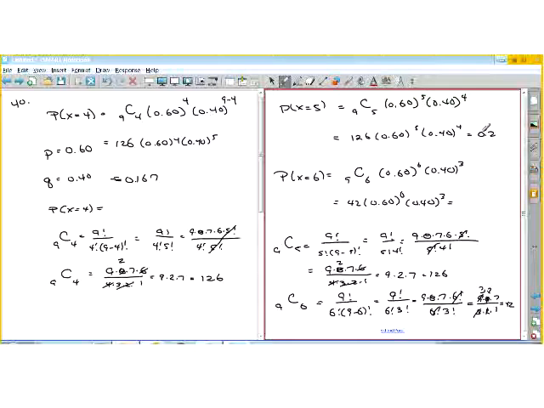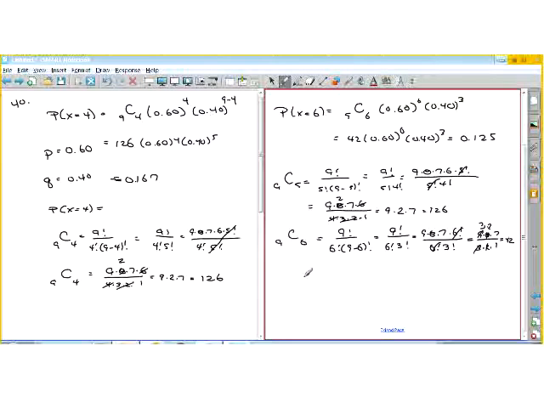I get 0.251. I get 42 times 0.6 to the 6th power times 0.4 to the 3rd power, and I get 0.125. Okay, so 4 through 6 is just 6.